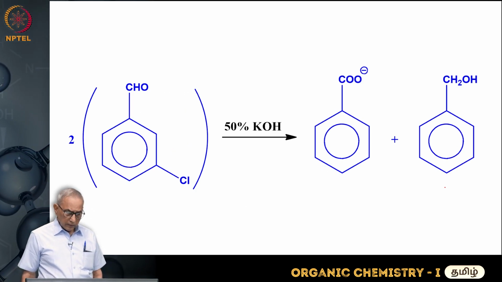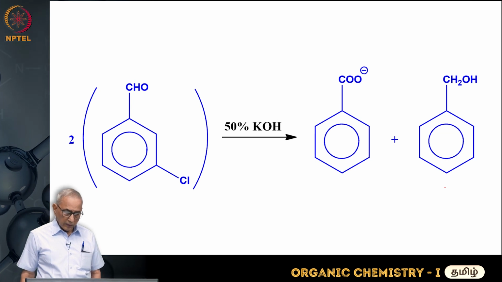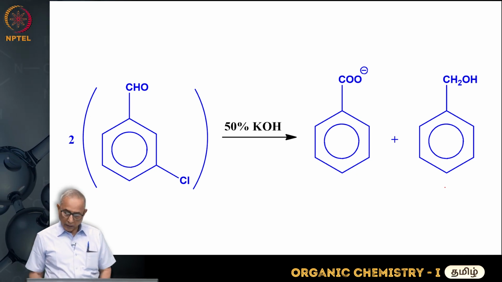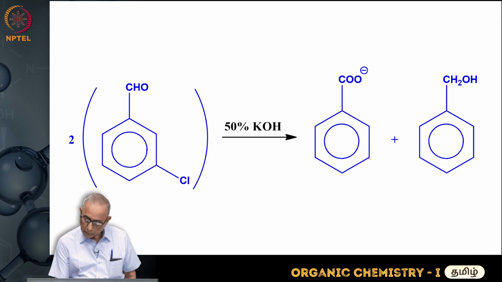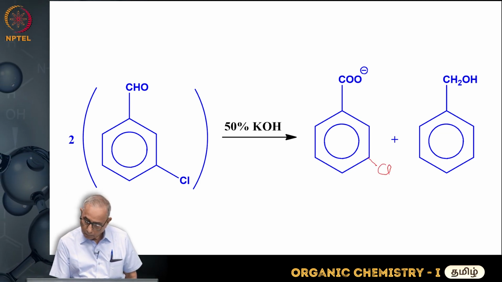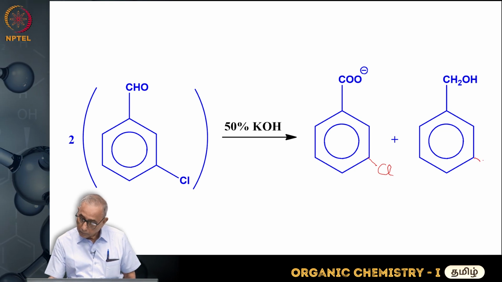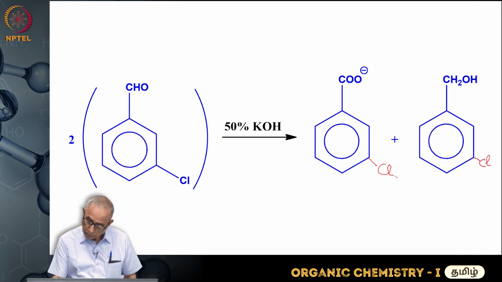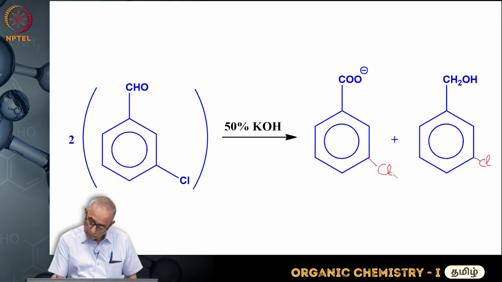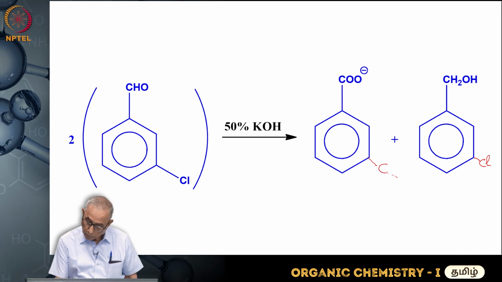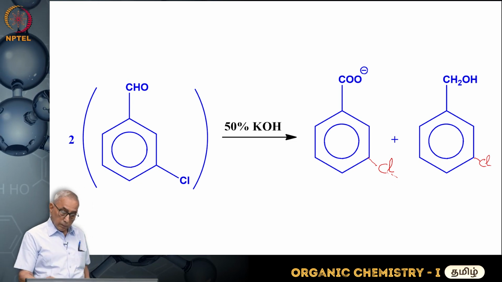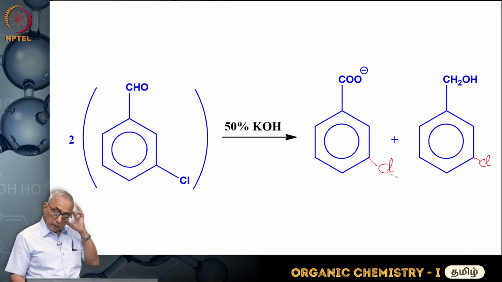If you do it with an aromatic aldehyde, the same type of thing happens. Usually this is done in alkaline medium, with two molecules of meta-chlorobenzaldehyde, where the chlorine is in the meta position. One becomes meta-chlorobenzoic acid and the other becomes meta-chlorobenzyl alcohol.